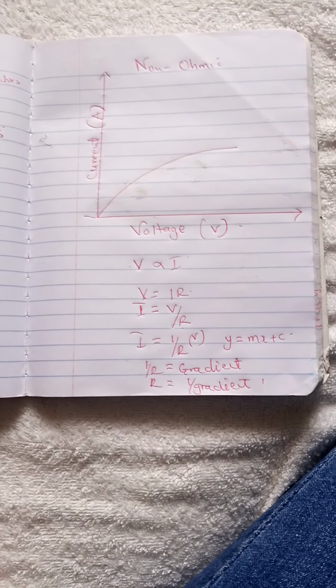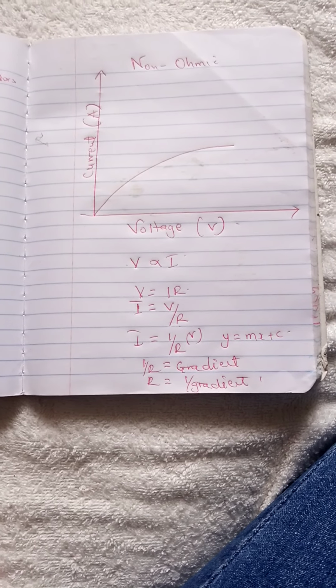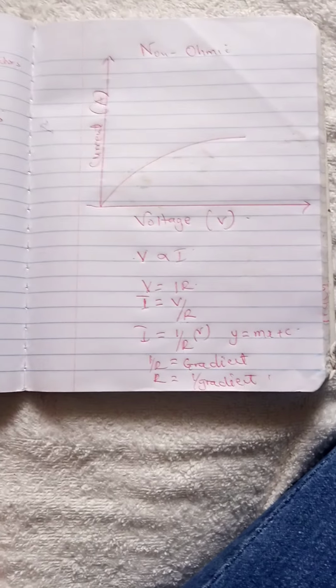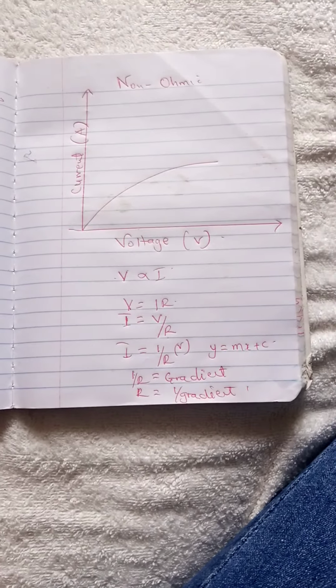graph. So if you are given a graph of a current against voltage and the question requires you to calculate the gradient, it becomes very simple.